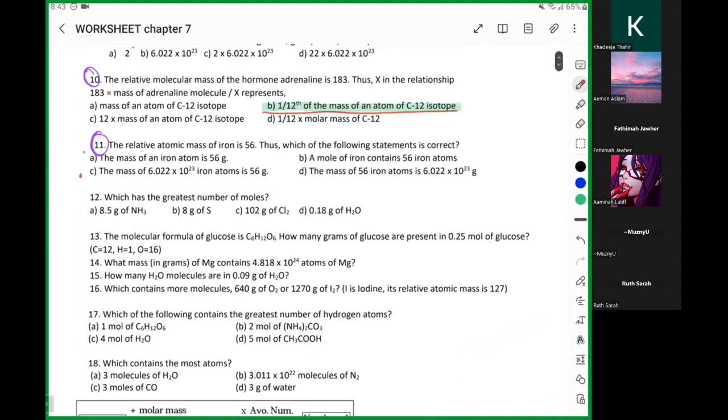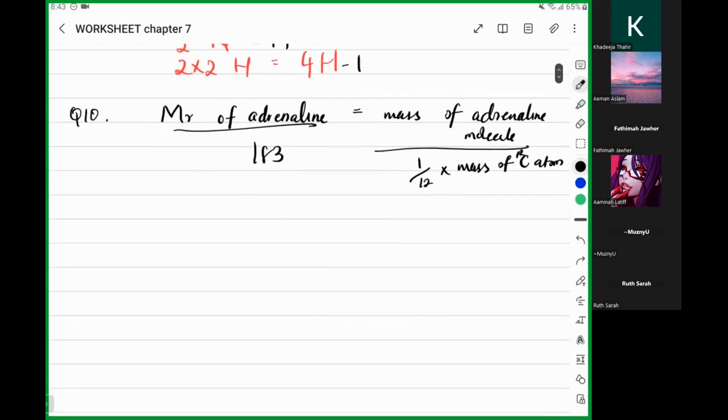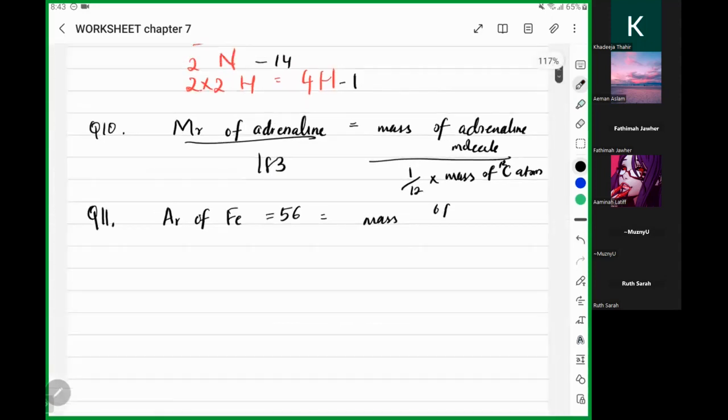The relative atomic mass of iron is 56. So in your head, you have to understand Ar of iron. I'll just write it down. Question number 11. Ar of iron is 56. What does that mean? When you divide the mass of an iron atom by 1/12 into mass of a carbon 12 atom, or you can say atomic mass unit, you're going to get 56.